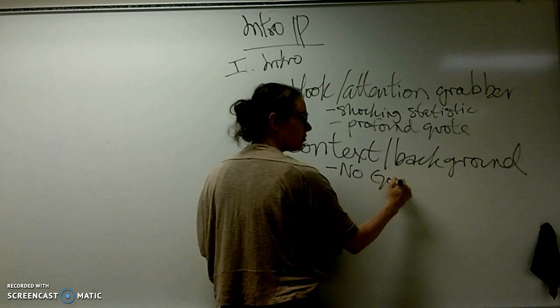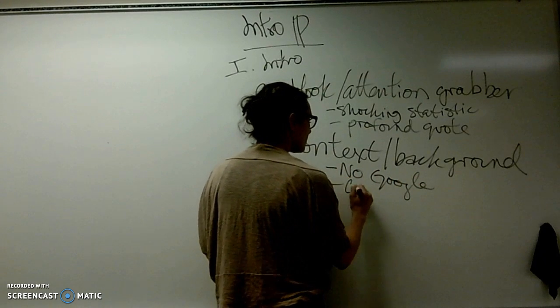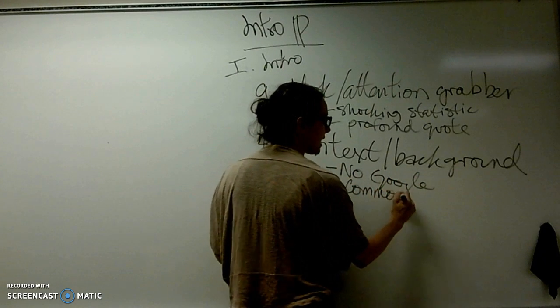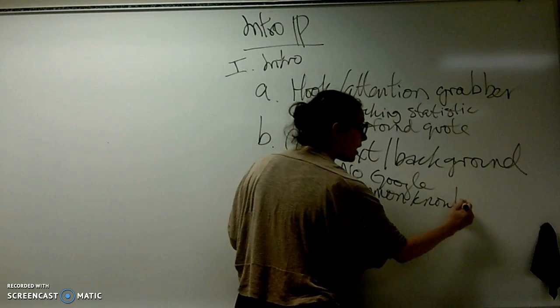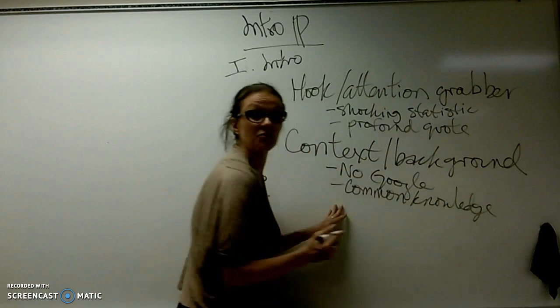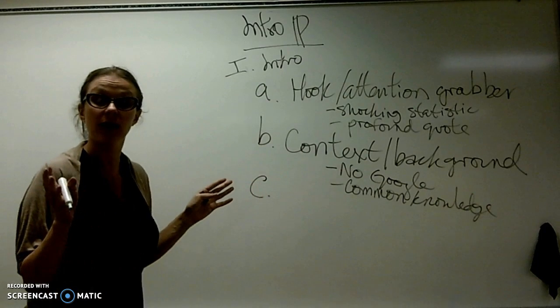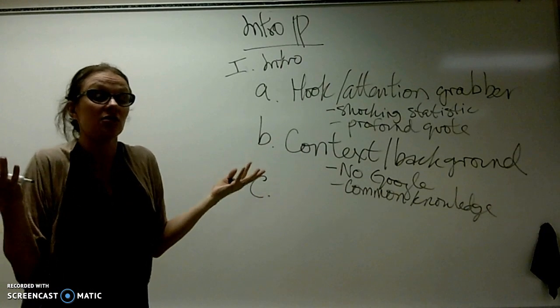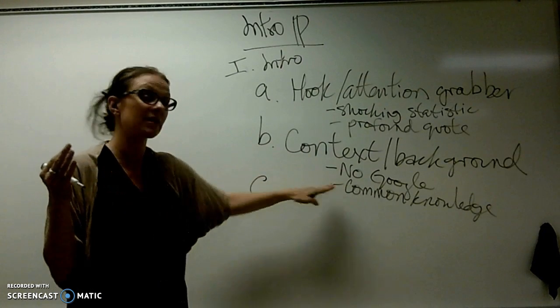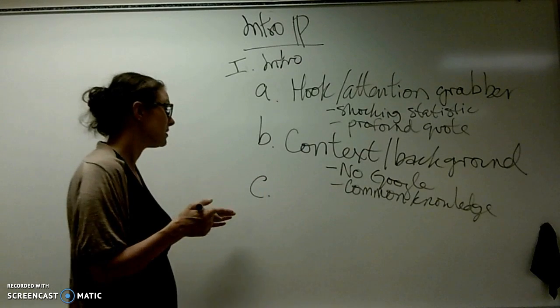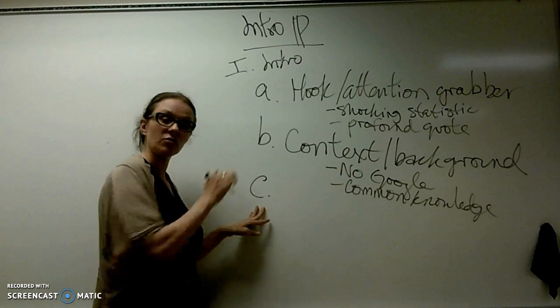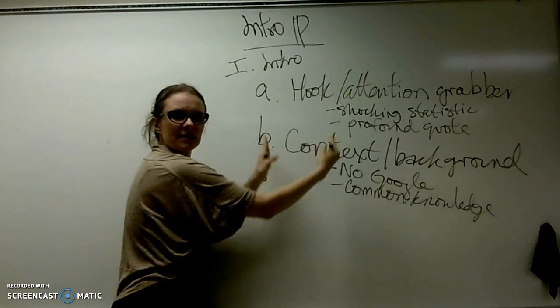You don't need to Google this. You're just going to use common knowledge. And oftentimes, no matter what the topic is, you know a lot more than you give yourself credit for. Just being an adult, you've picked up a lot of information, so the common knowledge is going to come in handy there.